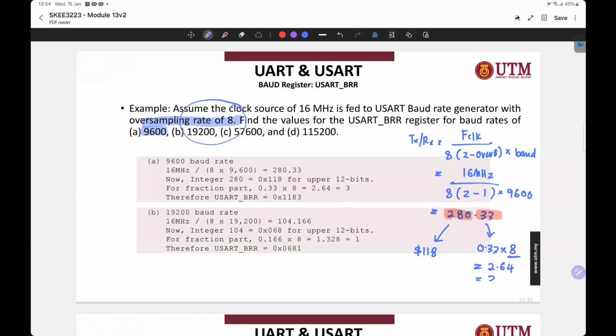So you will get 3. And the value of your USART BRR is, when you write the program, equal to 0x1183. So this will be the value.